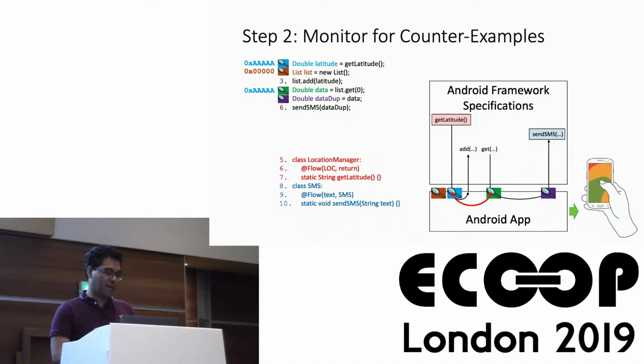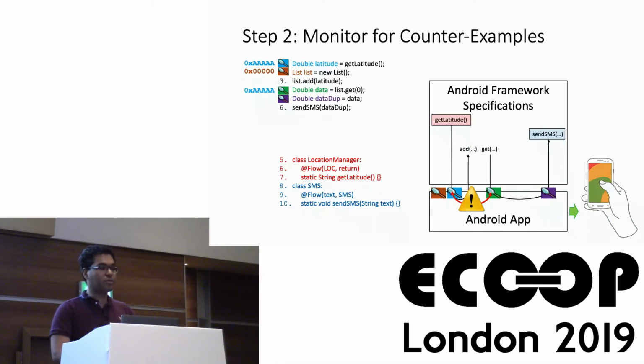So that means that there's an alias edge between these two variables. However, this alias edge was not present in the results of the static points-to analysis due to the missing specification. So this is actually a counterexample to the optimistic assumptions.